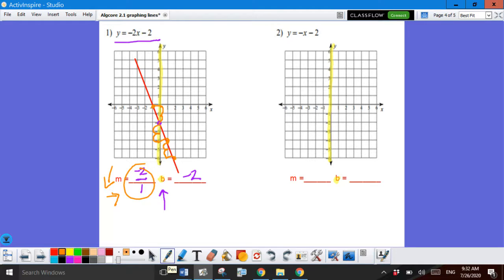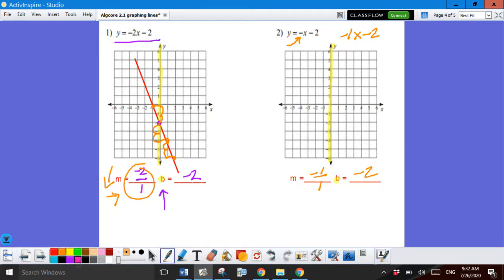All right, now this one is also going to start at -2. But does anybody remember what that means when I have a negative in front of the x? If you said that's -1, you are correct. So my slope is actually -1 over 1. Okay, -1 over 1.